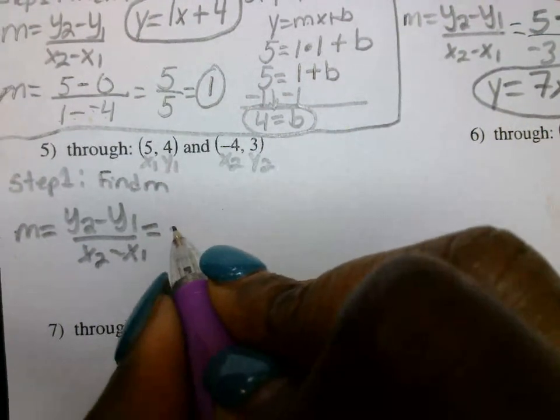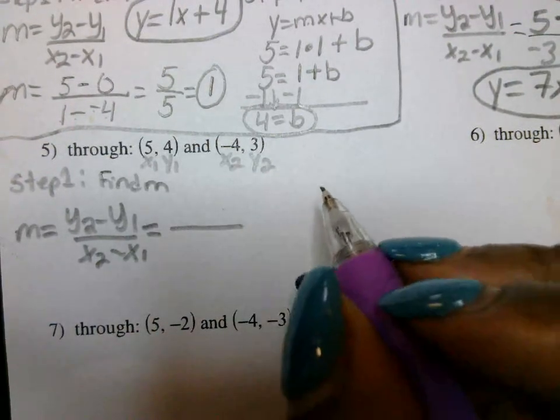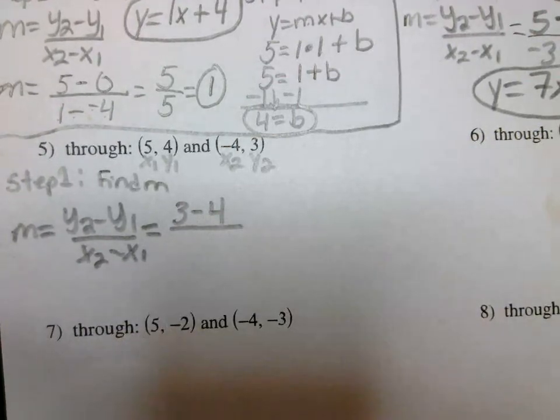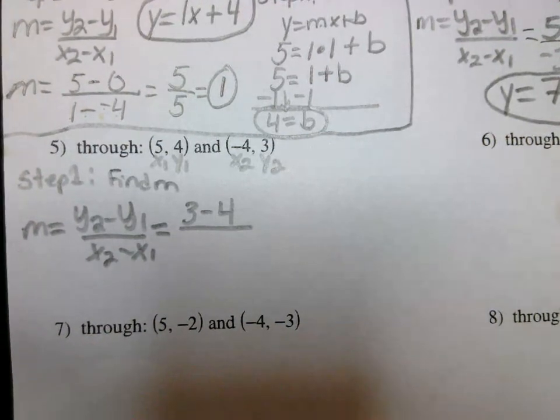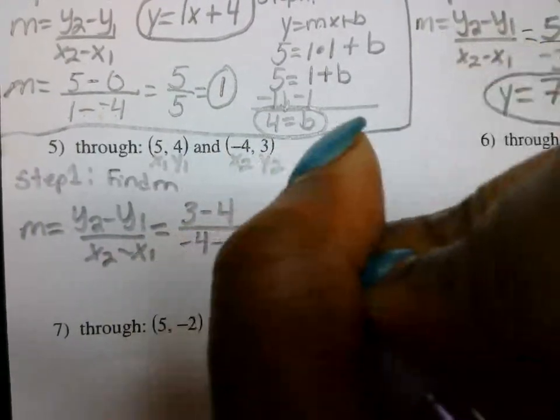What are we going to put on the top then? 3 minus 4. Good job. What are we going to put on the bottom? -4. Very good. -4 minus 5.